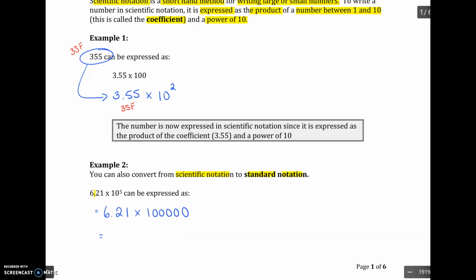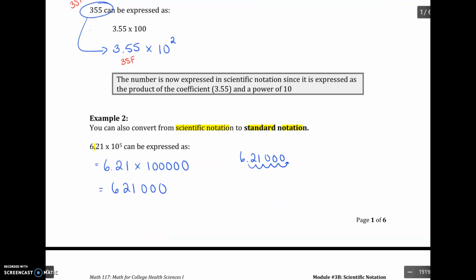So really what you're doing is multiplying 6.21 by 100,000, so your decimal place will move over that many places. Sometimes I just look at it like this: if I've got 6.21, I'll just go 1, 2, 3, 4, 5, and I'll add in my zeros. So I'm doing the same thing, but it's however your brain operates.